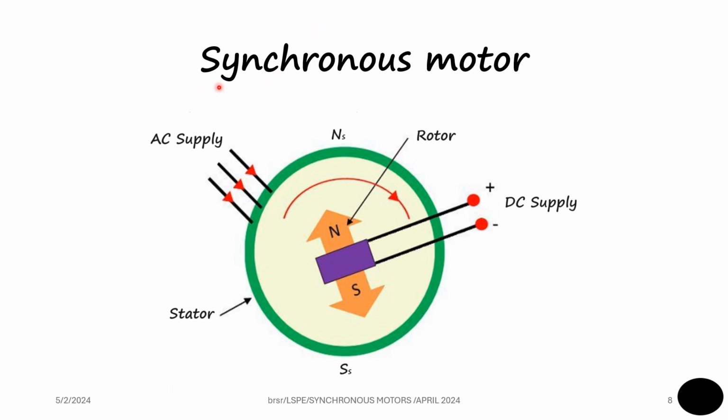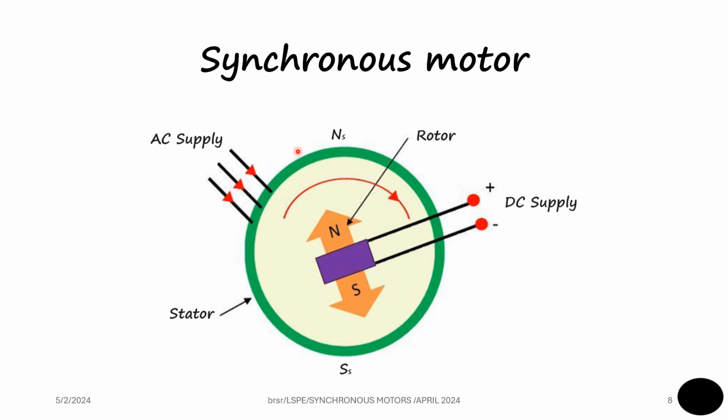The synchronous motor as a whole can be visualized like this. The stator has a three-phase winding and it is supplied by an AC supply. There is a rotor. In this case, a projecting pole type of rotor is shown. It has a winding to which a DC supply is given. When the AC supply is given to the stator winding, it produces a rotating magnetic field.